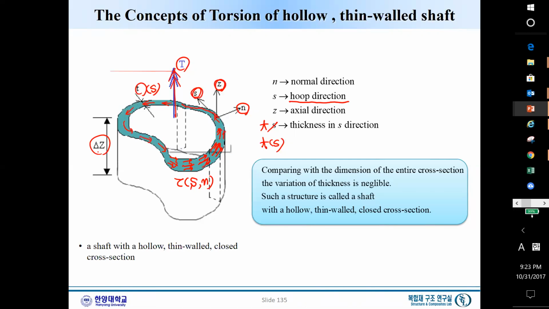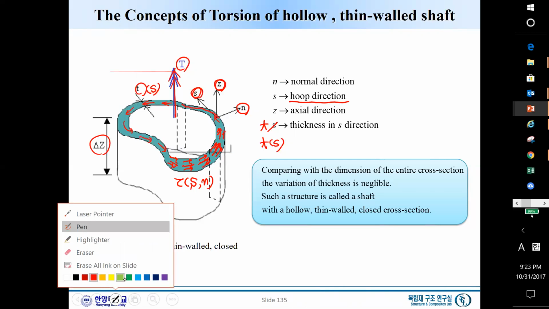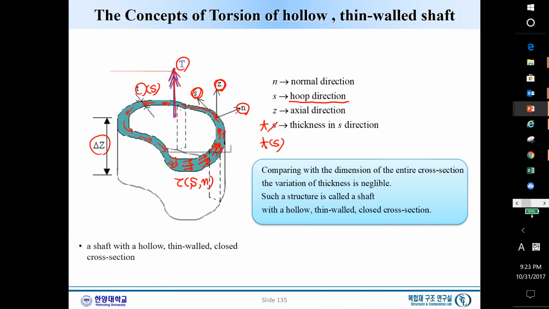But this is the basic definition of all the coordinate systems and the torsion and delta Z. Now, what we'd like to pay attention to is that small portion. If you look at the bottom part, we can say the thickness is uniform through delta Z. Now we are trying to look at these portions.